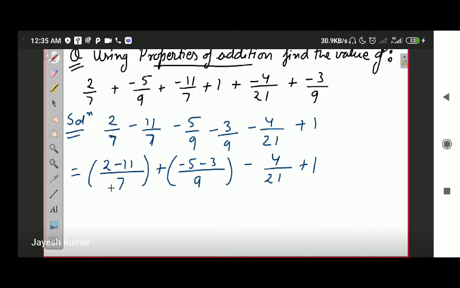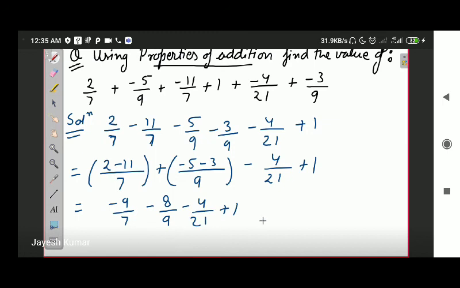Okay, so we are using the associative property. This will be minus 9 upon 7, this will be minus 8 upon 9, and finally minus 4 upon 21 plus 1. I don't think there is any problem till now.